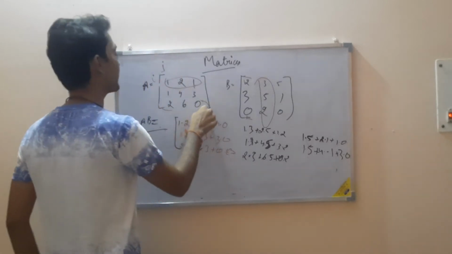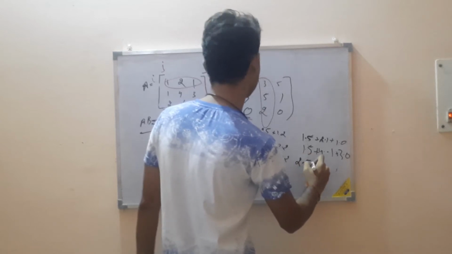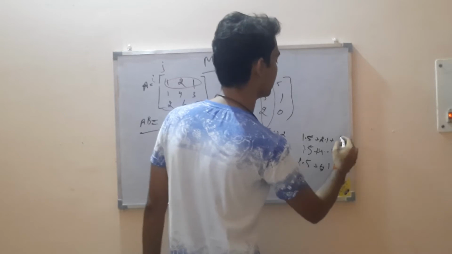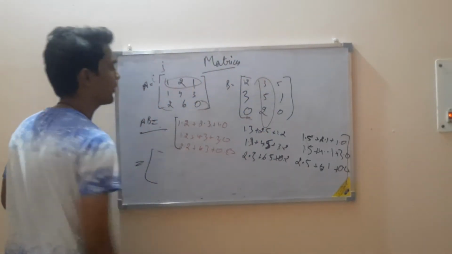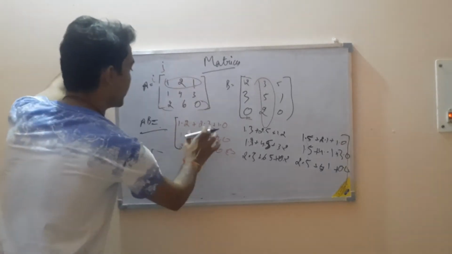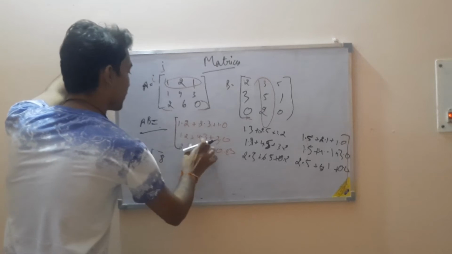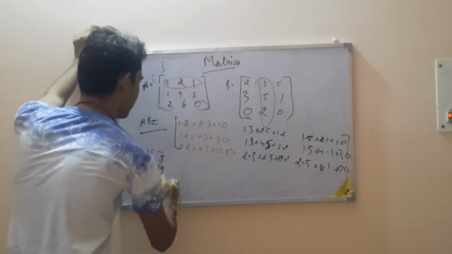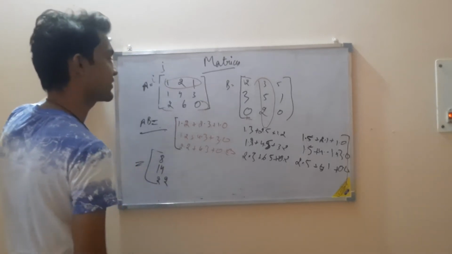Now we will be multiplying this row with this column. So it will be 2 into 5 plus 6 into 1 plus 0 into 0. Now just simple calculation, nothing more. 2 into 3, 6 plus 2, 8. And then 4 into 3, 12, 12 plus 10, 22.